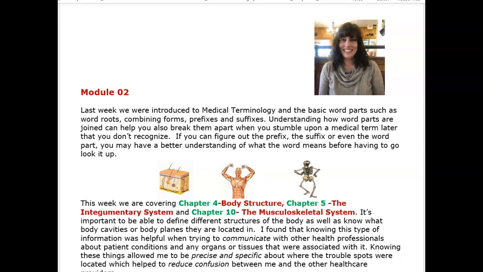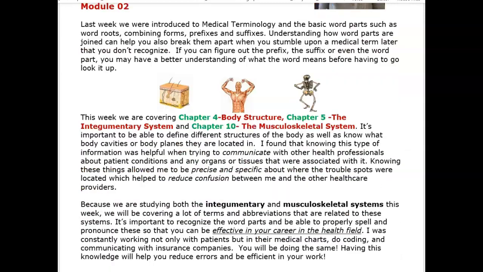I have found that knowing this type of information was very helpful when trying to communicate with other healthcare professionals, especially about patient conditions, and any organs or tissues associated with it. Knowing these things allowed me to be more precise and specific about where the trouble spots were located, which helped to reduce confusion between me and the other healthcare providers.